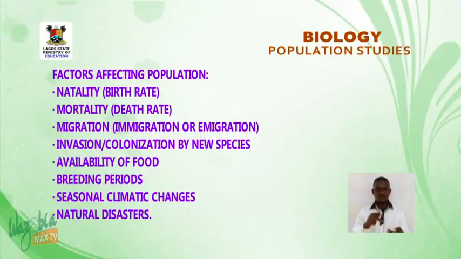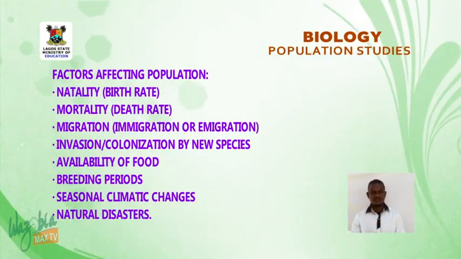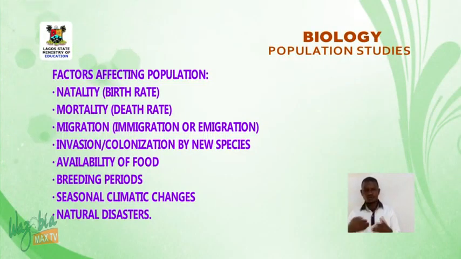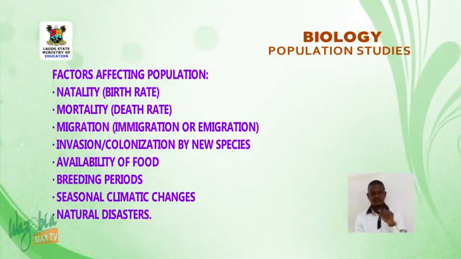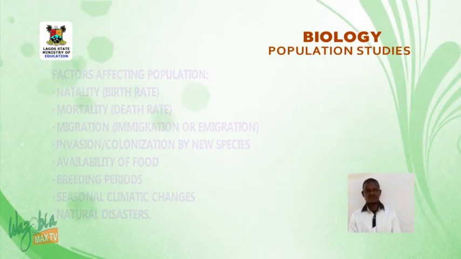Factors affecting population: natality, birth rate, mortality, death rate, migration, which could be immigration or emigration, invasion or colonization by new species, availability of food, breeding periods, seasonal climatic changes, natural disasters.